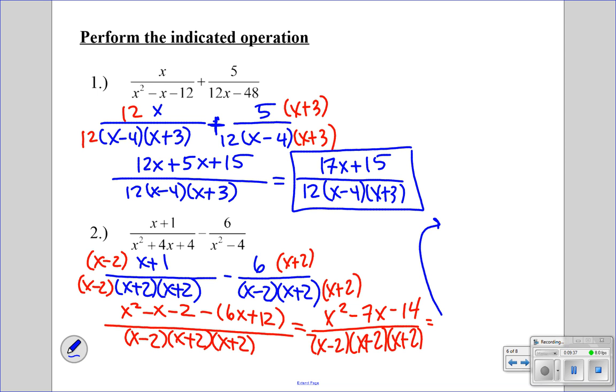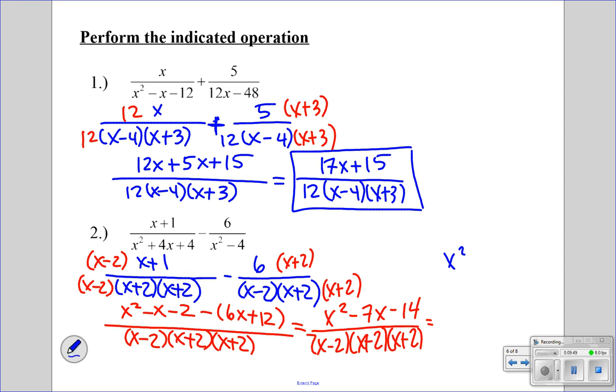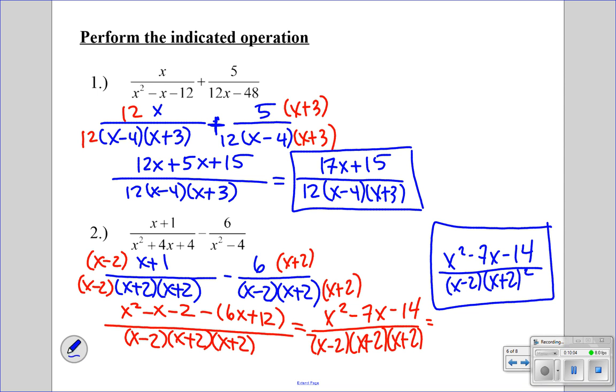Let's bring that over here to be x, this one's unfactorable, so we do x squared minus 7x minus 14 all over x minus 2 times x plus 2 squared. We can simplify it like that to make it a little bit shorter to write.